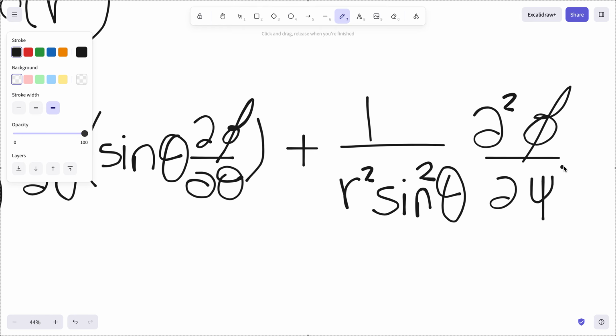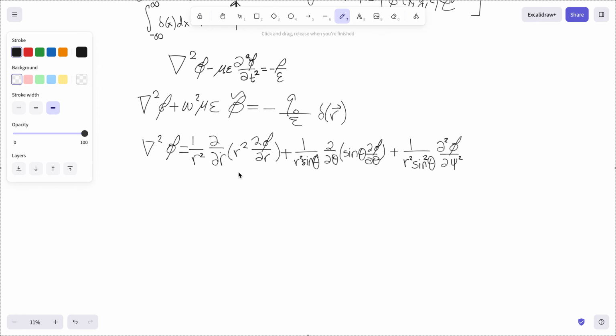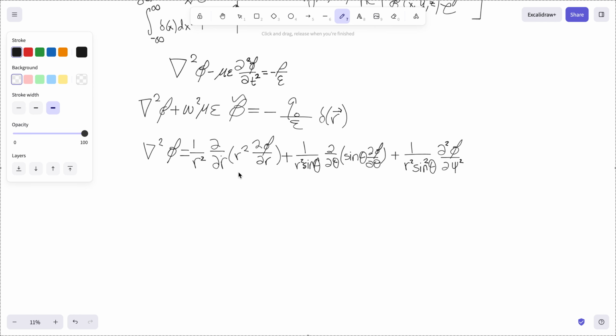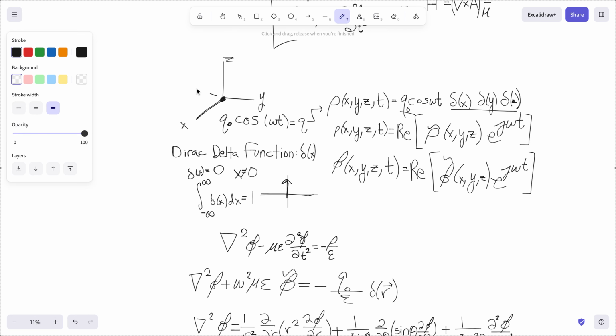So this is the Laplacian in spherical coordinates as written here, but you'll see that this greatly simplifies because phi is independent of theta and omega. This makes sense because the point charge only sends an electric field out radially. There's no change when you change phi or theta. It only propagates radially.